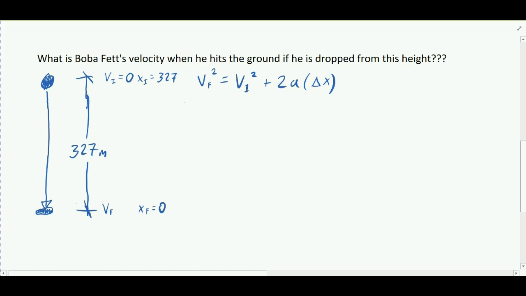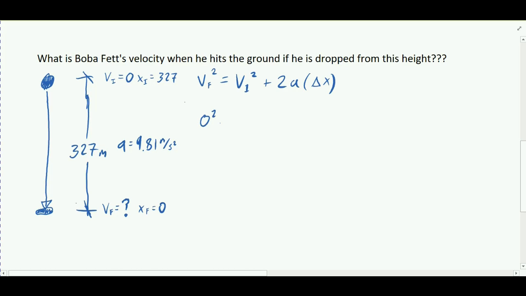Our V final is unknown. That's what we're solving. What's the velocity when he hits the ground? What's our acceleration? As we said earlier, it's going to stay the same. It's 9.81 meters per second squared. Okay, so now we just plug all these variables into our equation and solve.